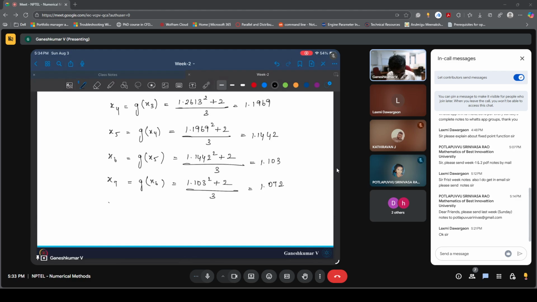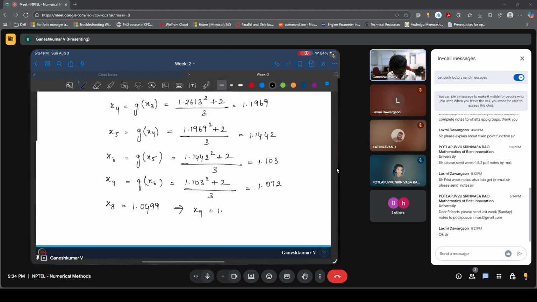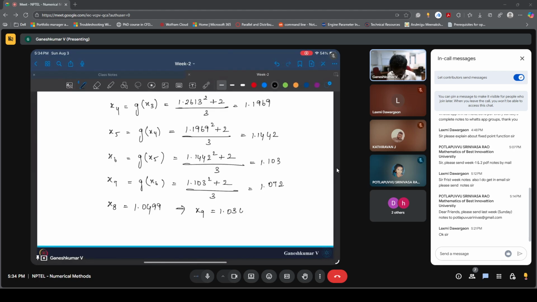1.072. x8 is square plus 2 by 3, 1.0499. x9 is square plus 2 by 3, 1.0341.